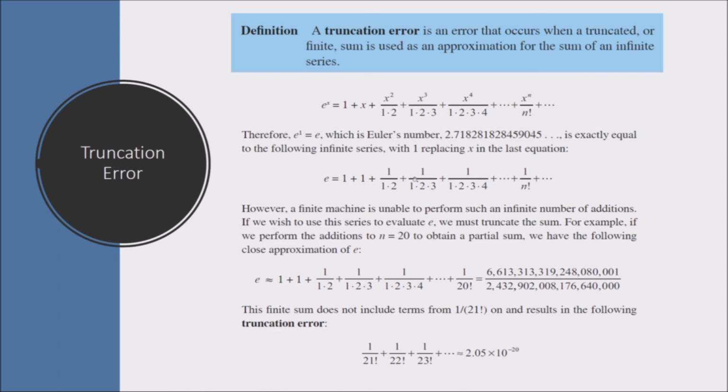Actually, when you divide something by this, it is a significantly small number, right? And when you calculate that, it gives you an approximation value like this. This value is barely equivalent to 1 over 21 factorial, which is a really small number.